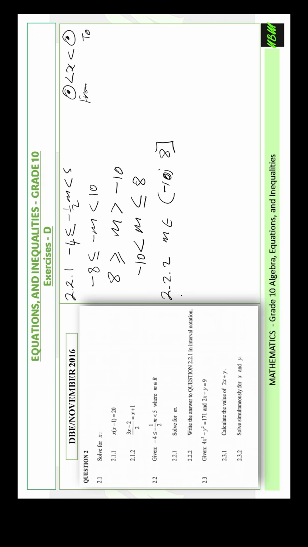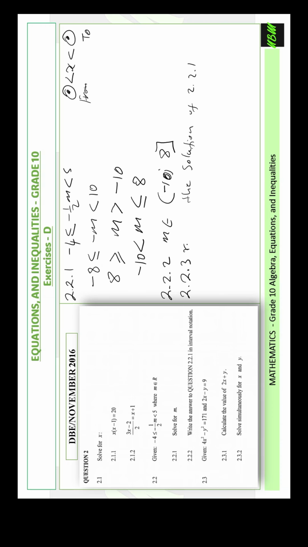So now, let us add our own question 2.2.3. Our own question 2.2.3, let us say 2.2.3, we have to write the solution of 2.2.1, or not, rather represent.